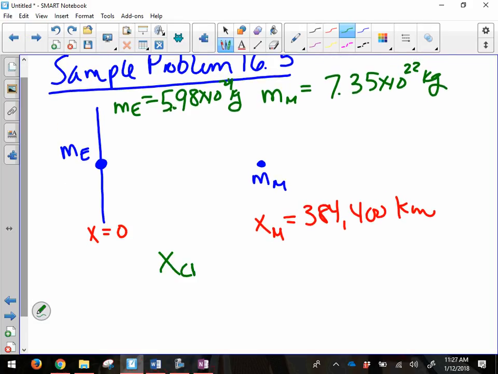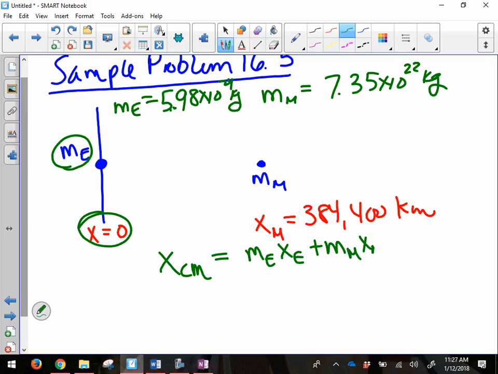And the x center of mass is going to be adding up each mass times its x coordinate. So I'm going to have the mass of the Earth times the position of the Earth plus the mass of the Moon times the position of the Moon divided by what? The masses added together. So the mass of the Earth plus the mass of the Moon.